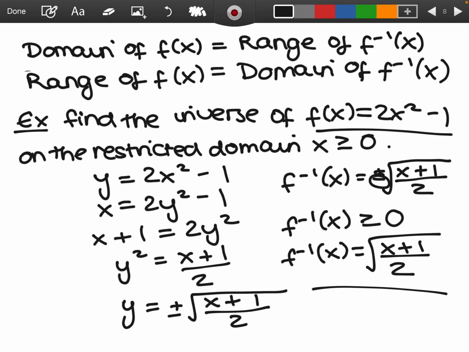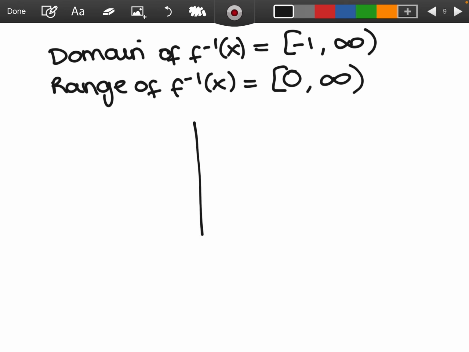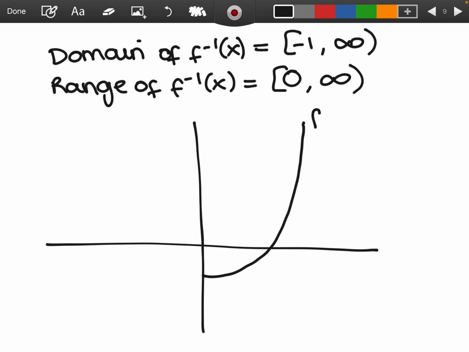Like I said, you can either get that from looking at the range of your original function or by looking at your function f inverse and then determining what that domain could be. If you draw a quick graph of this and sketch a quick graph, your original function f of x would look something like this.